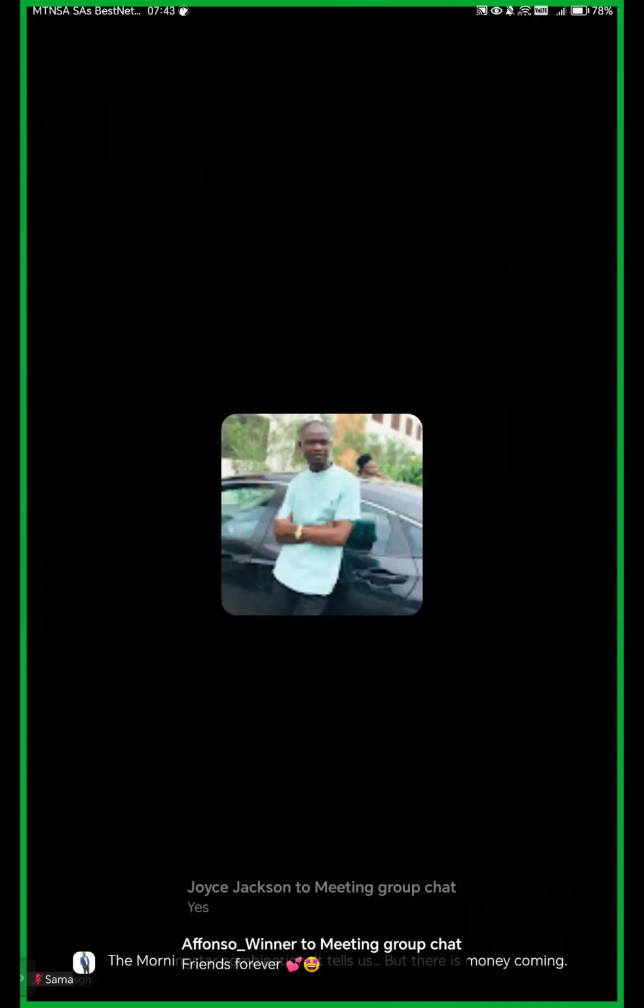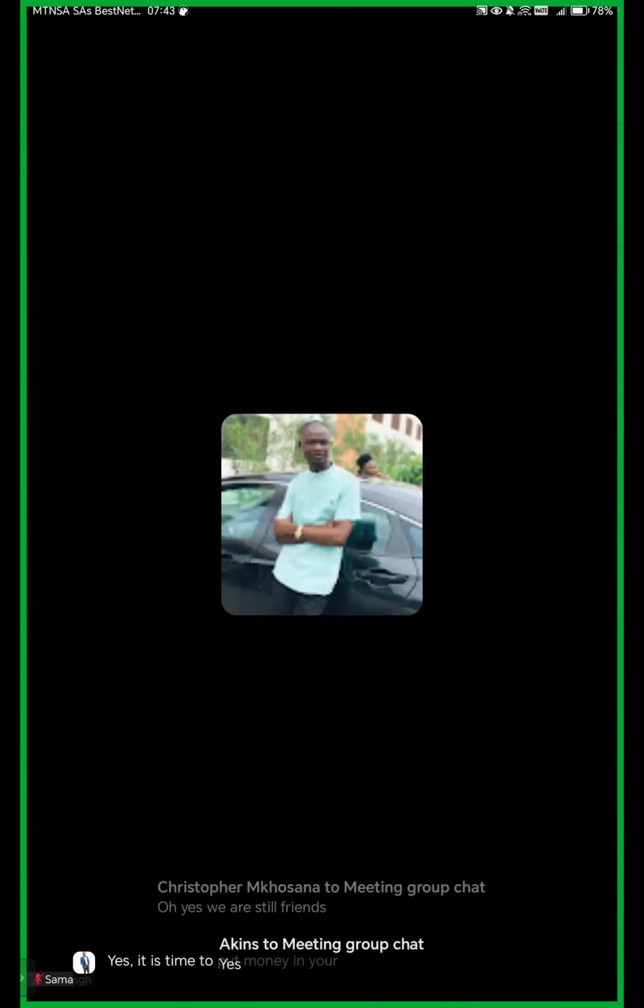The morning star combination tells us that there is money coming. Yes, it is time to put money in your wallet so that you can trade. It is time to set your robot so that you can trade. Yes, that is after other tools have been used to confirm your entry.